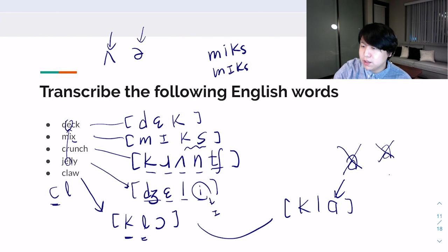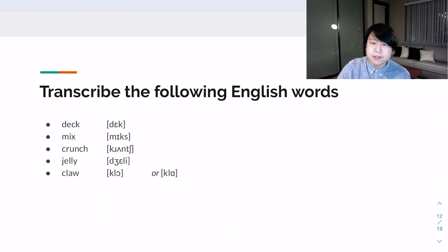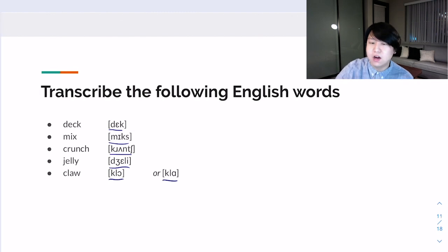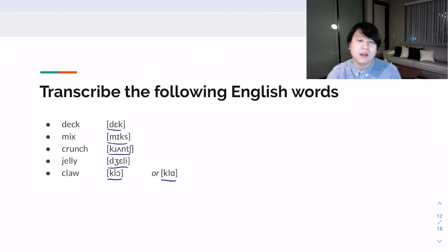It should be ah, without the tail on the top. So it should be either one or the other, a dialectal difference. So this is the answer: deck, mix, crunch, jelly, and claw. Got it? Okay, that was the answer.